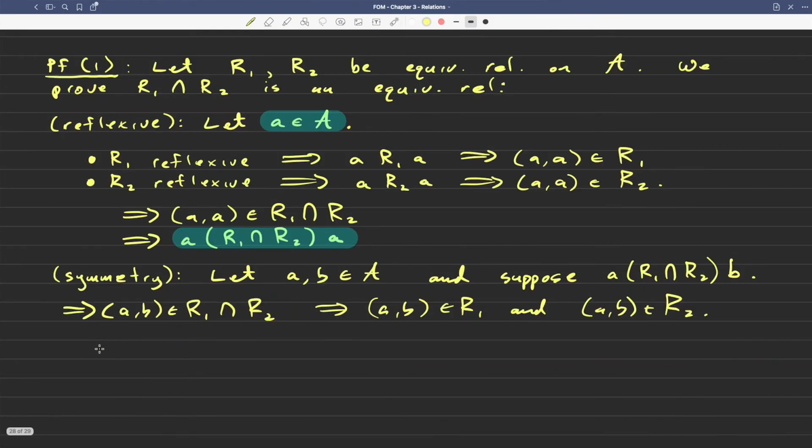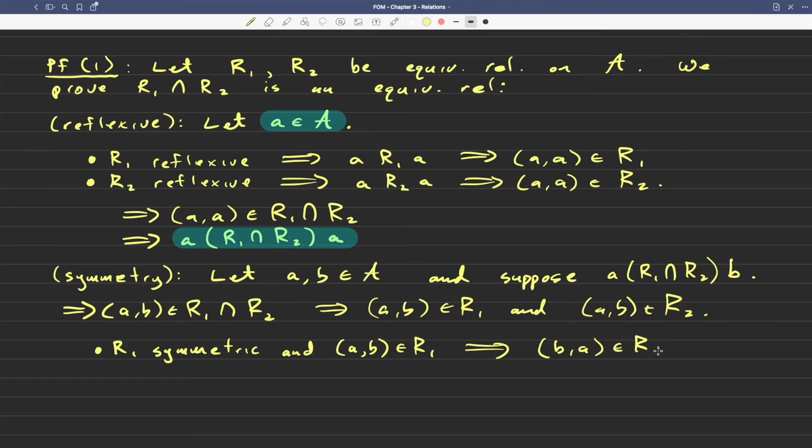And so R1 is symmetric, and knowing A comma B is in R1 tells me that B comma A is in R1. And similarly, R2 being symmetric and knowing that A comma B is in R2 tells me that B comma A is in R2.